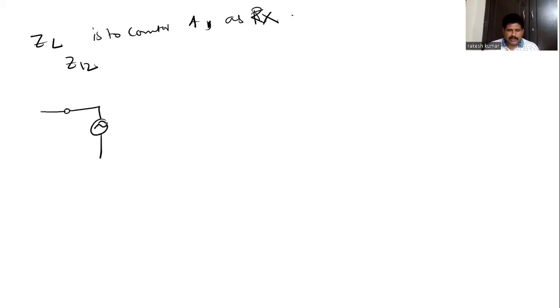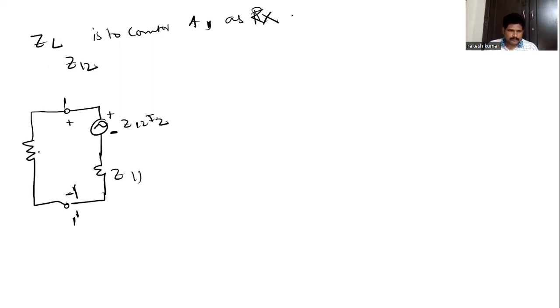Whenever A1 is acting as receiving antenna, the equivalent circuit has Z12 into I2, Z11, connecting the load ZL.